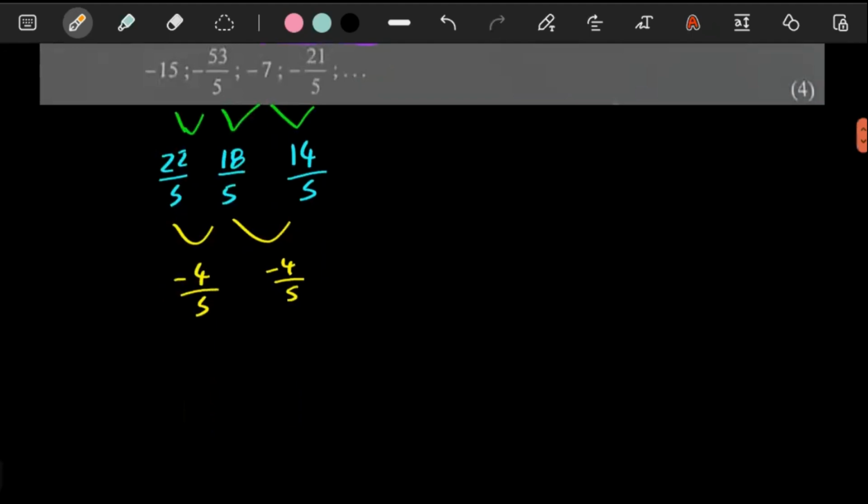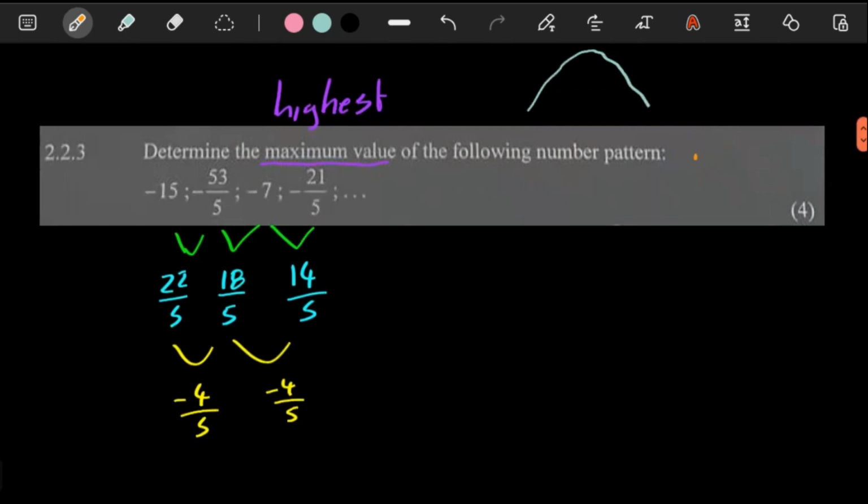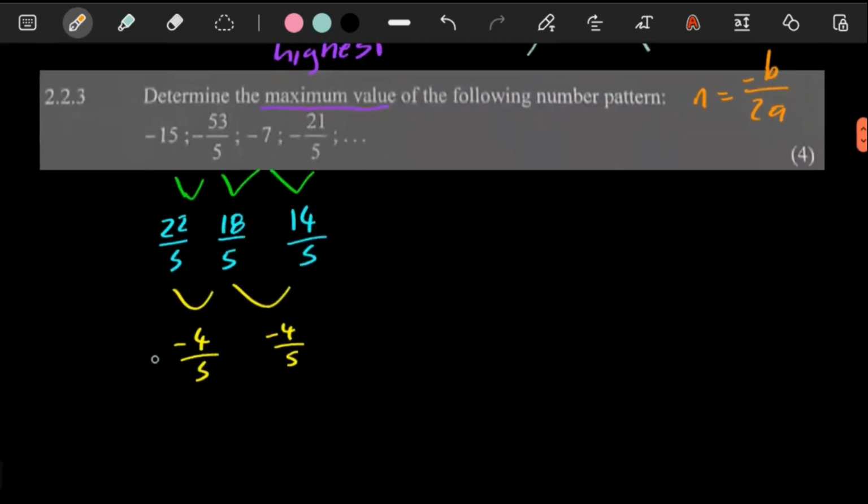I think the safest way is to get the general term of the sequence. After getting the general term, you can work out this formula: n is equal to minus b over 2a. This will always give you the position of the highest term. So we actually just need a and b, not the whole thing. Remember, a quadratic number pattern behaves just like a parabola.